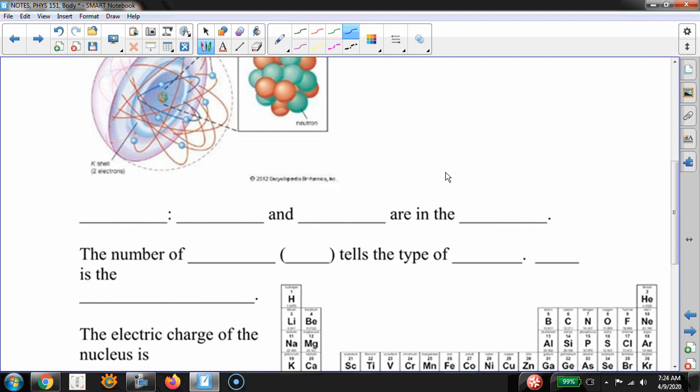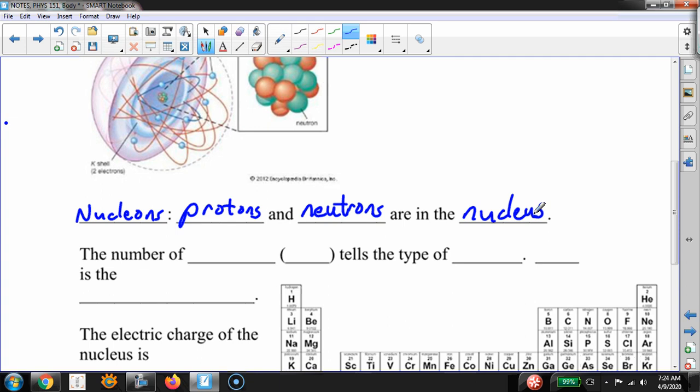All right, so nucleons is just a term that refers to anything that's in the nucleus, so it's protons and neutrons in the nucleus. The number of protons will be the capital letter Z, and it tells the type of atom. Is it a hydrogen? Is it a helium?